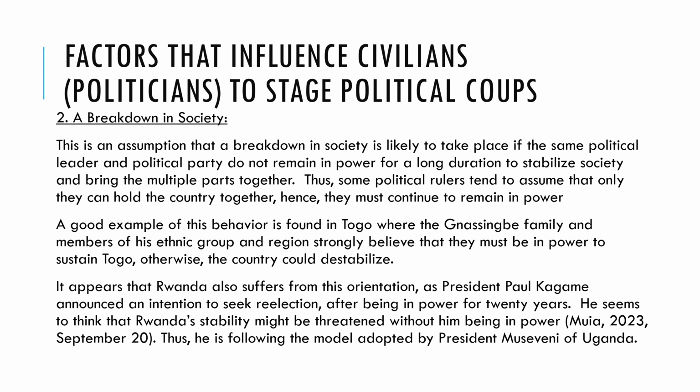It also appears that Rwanda suffers from this orientation, as President Paul Kagame announced recently an intention to seek re-election after being in power for 20 or more years. He seems to think that Rwanda's stability might be threatened without him being in power. Thus, he is following the model adopted by President Museveni of Uganda.